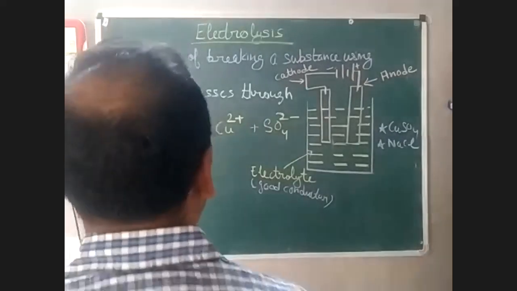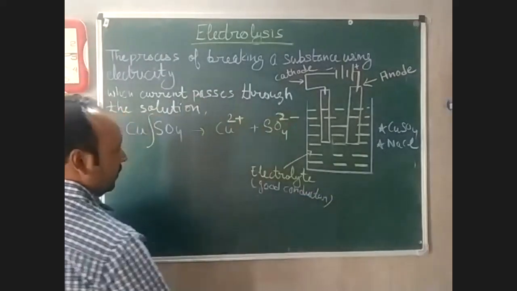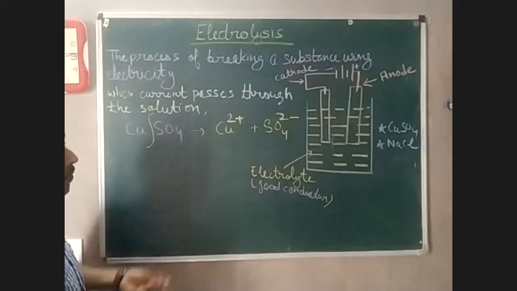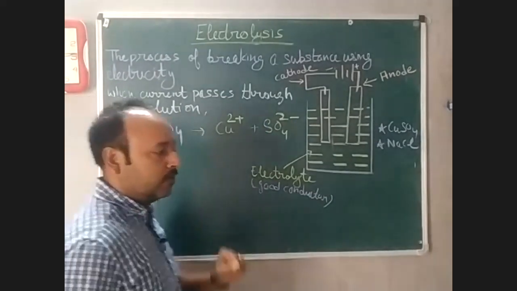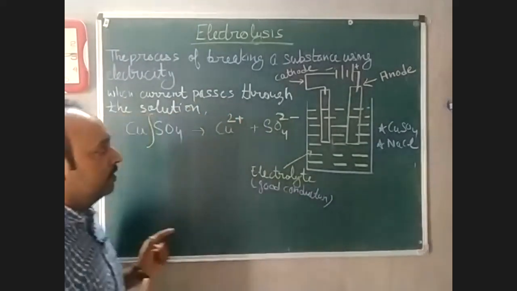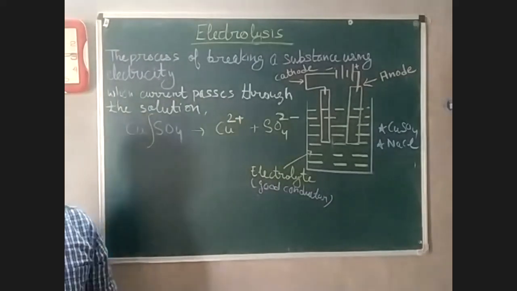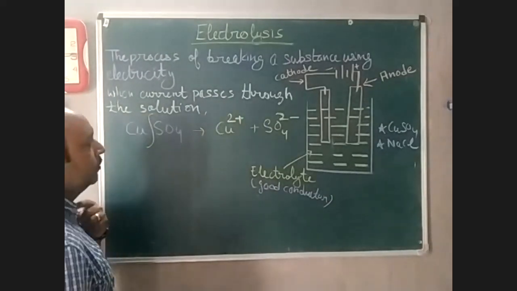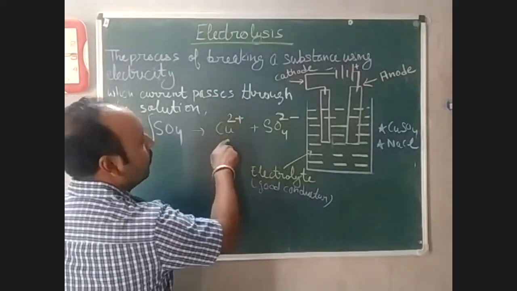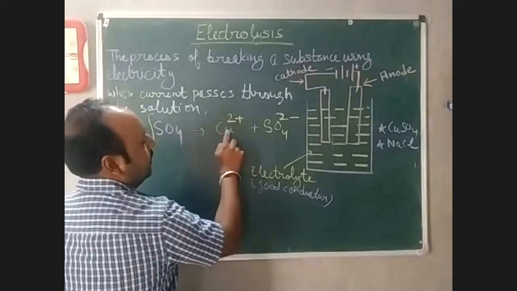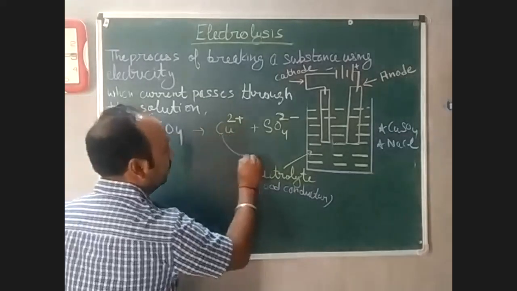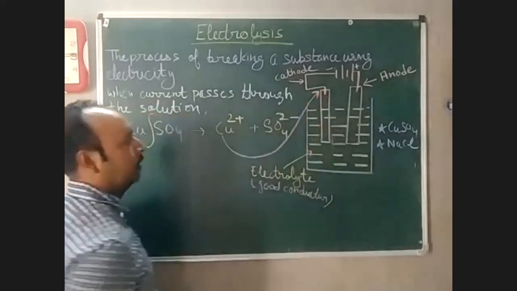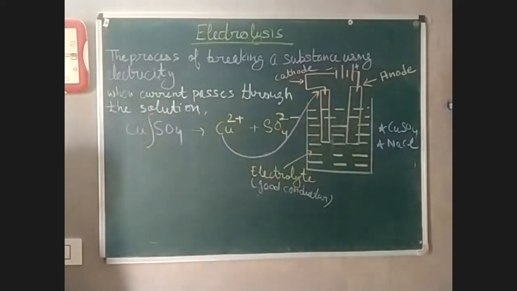So from here, what we conclude is that this is a process of electrolysis. But what happens when they are broken? We know from electrostatics that opposite charges always attract each other, and like charges always repel each other. So what will happen here? Copper 2 positive, that is positive charge, will be attracted toward the negative terminal.